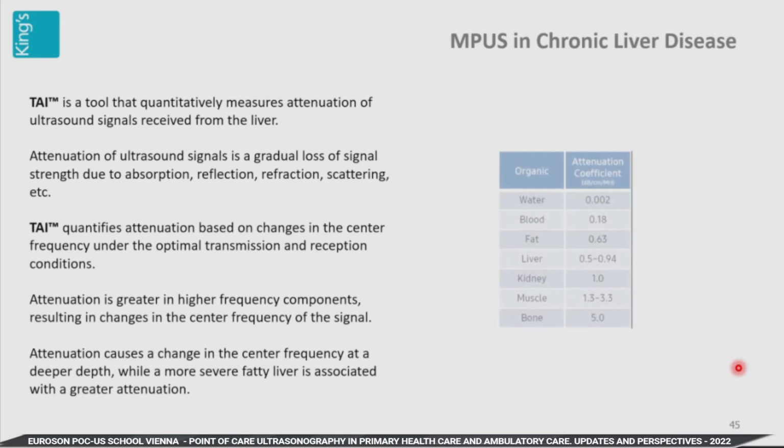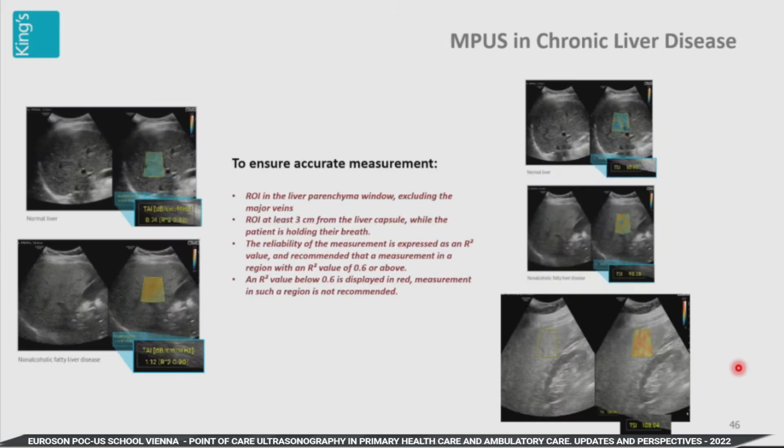This is a Samsung version of this, but the most important area is to try and relate it to the standards of fat measurement. Previously, the standard of fat measurement would be liver biopsy, but MRI PDFF is now used as the gold standard for measuring fat content in the liver.